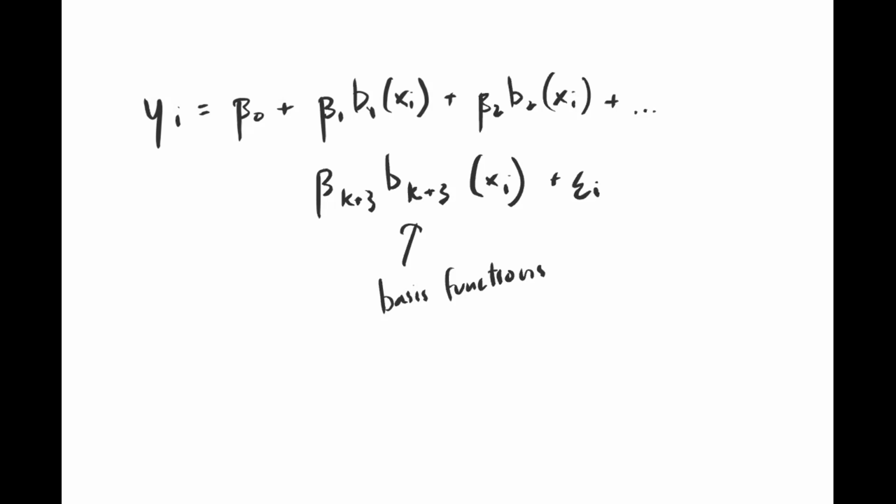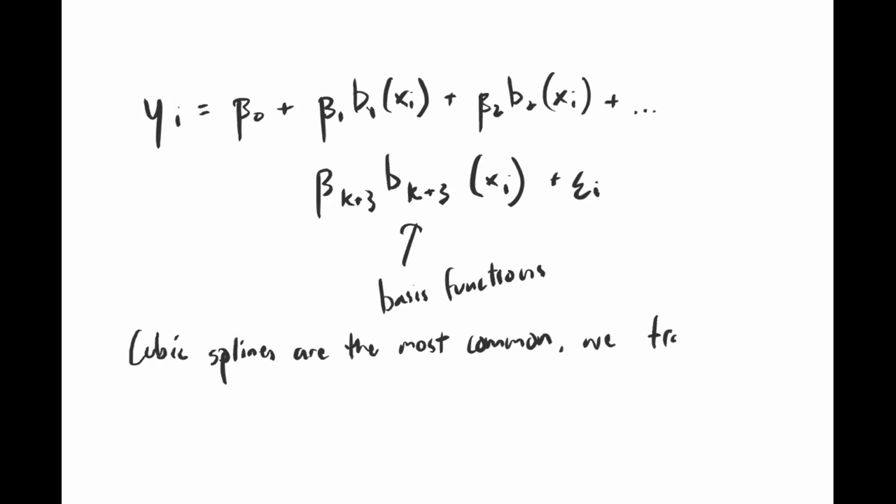And as I was mentioning, cubic splines are the most common. We trade off the polynomial.